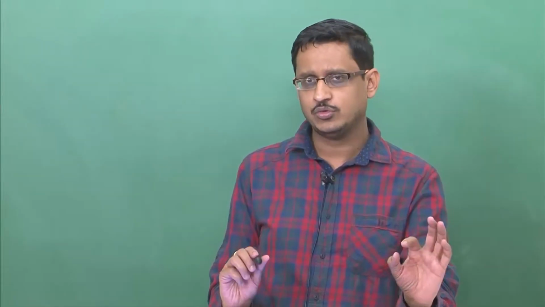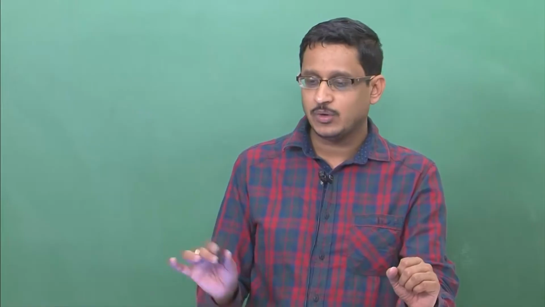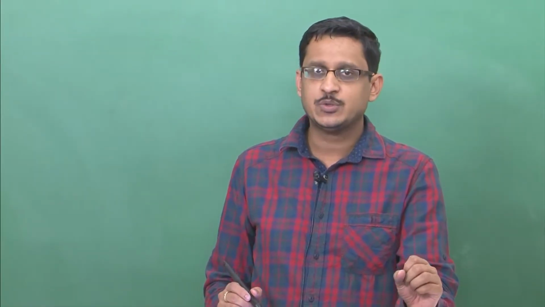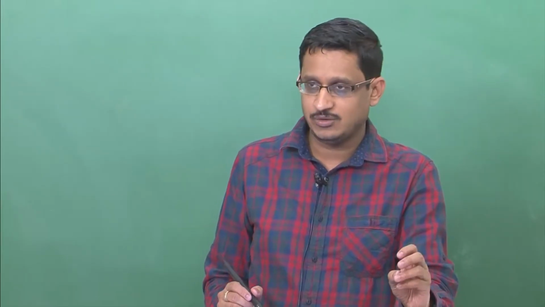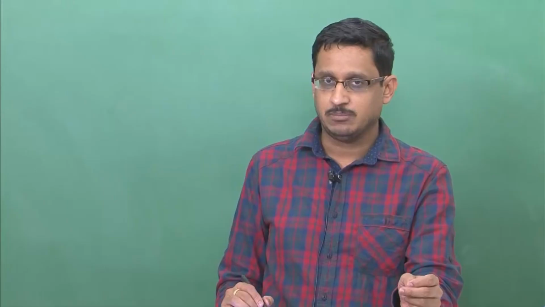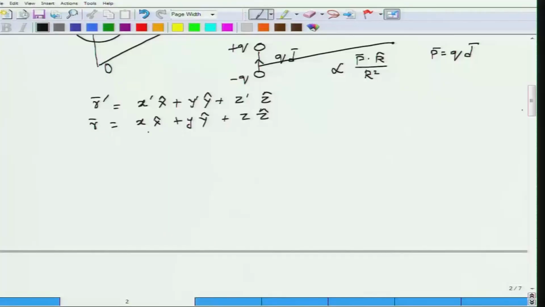So if you want, you could completely eliminate a particular coordinate system and work directly with the expressions that we have used here. That seems to me to be slightly not intuitive. Therefore, we are going to introduce some coordinate system, but the results that we obtain will be independent of the coordinate system. Okay. So we have r equal to x x hat plus y y hat plus z z hat.